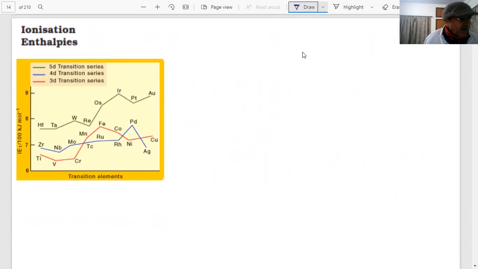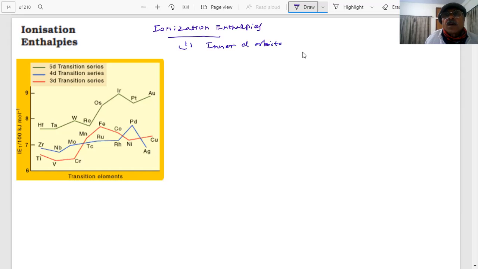Now we are coming to ionization enthalpy, students. In general, what we expect of the ionization enthalpy? The important point is that the inner d orbitals are being filled. We said 3d 4s; this is the inner, penultimate subshell, because this is 4, this is 3.